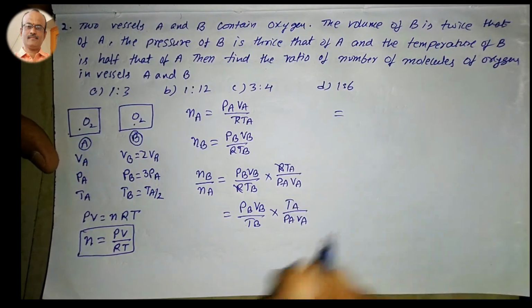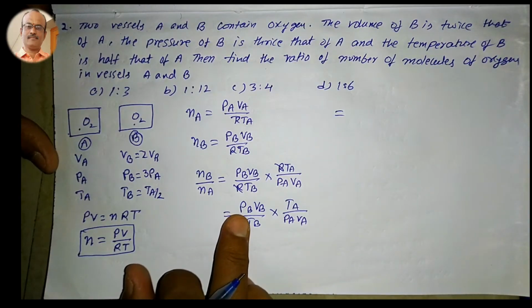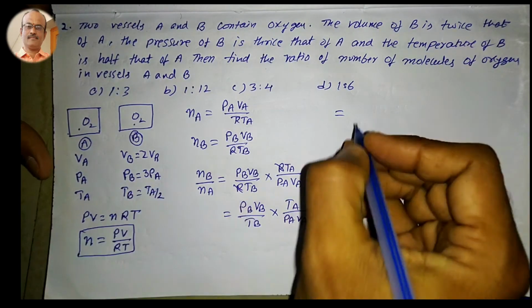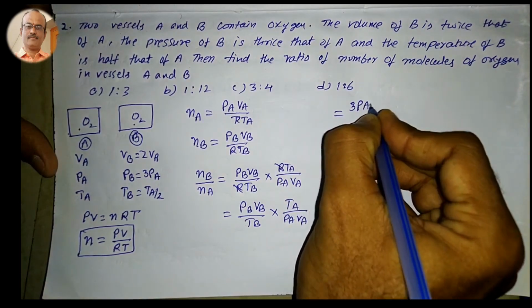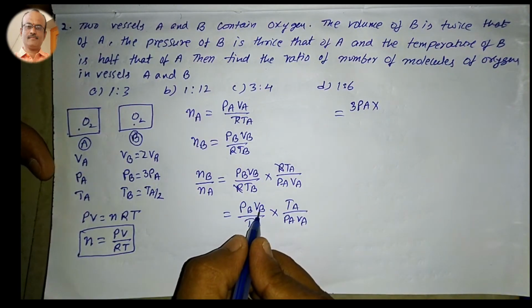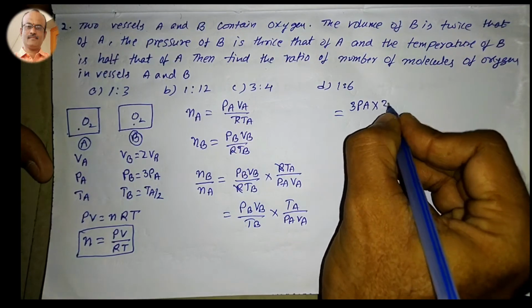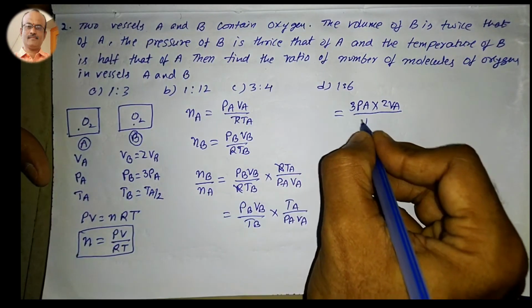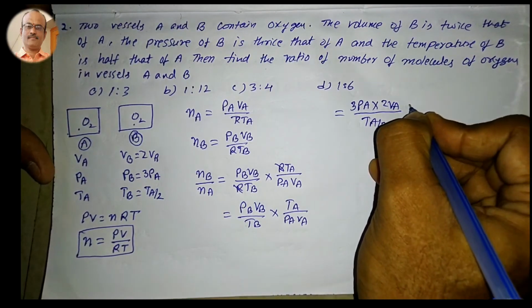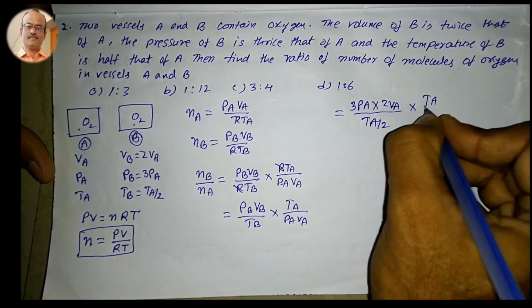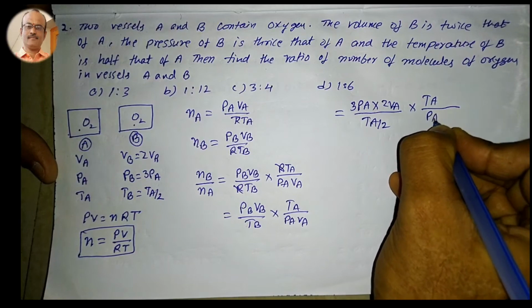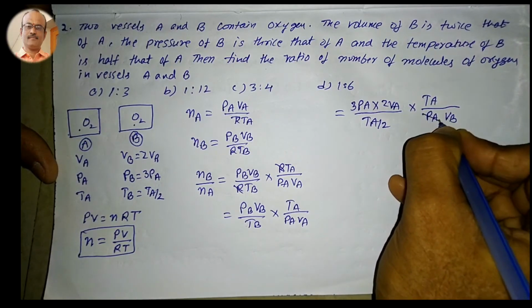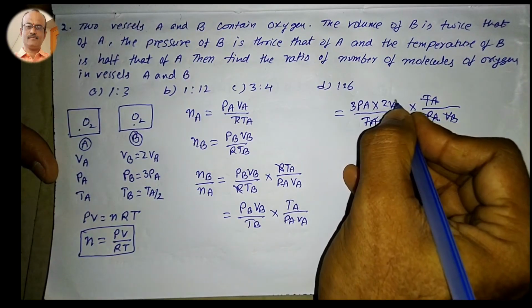Now we know that the pressure in vessel B is equal to 3 times PA. So 3 times PA into the volume of B, that is 2 times VA, divided by the temperature of B, TA by 2, into the temperature of A, pressure of A and volume of A. These cancel.